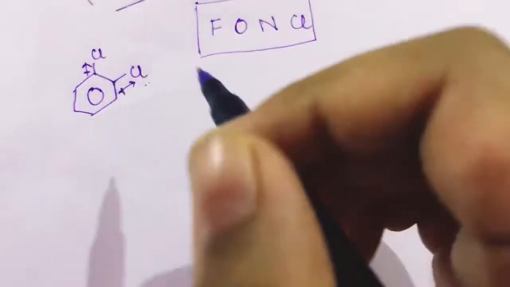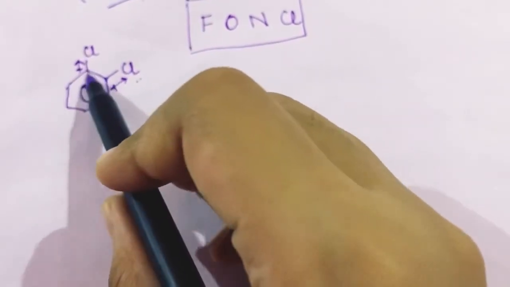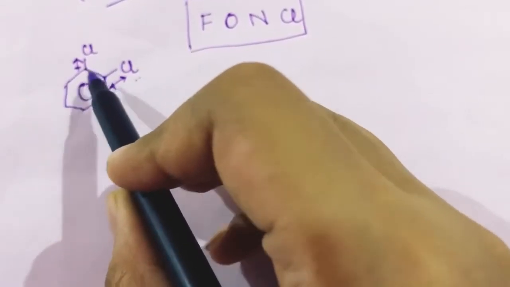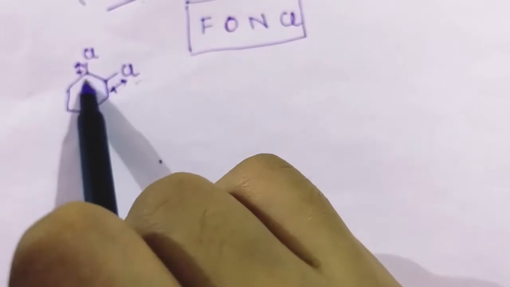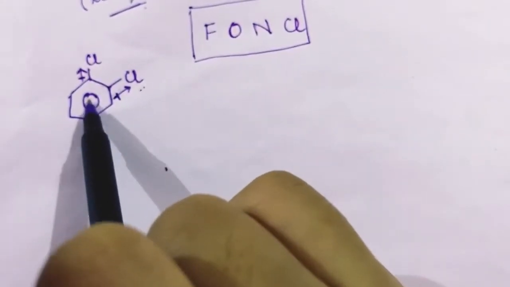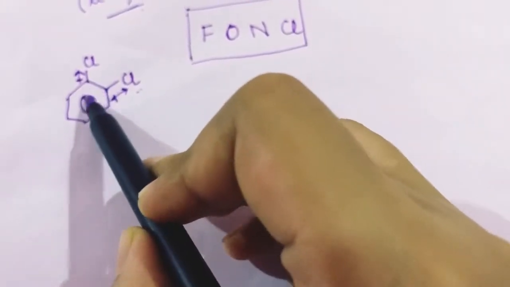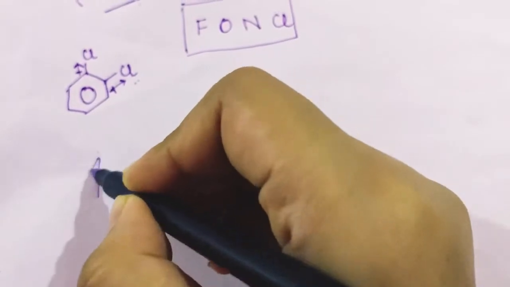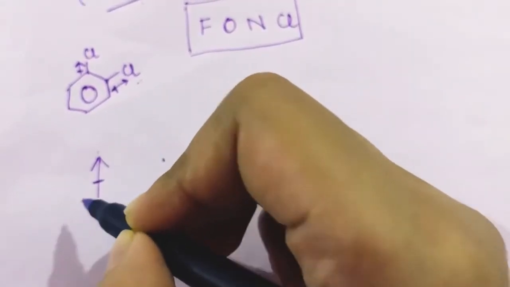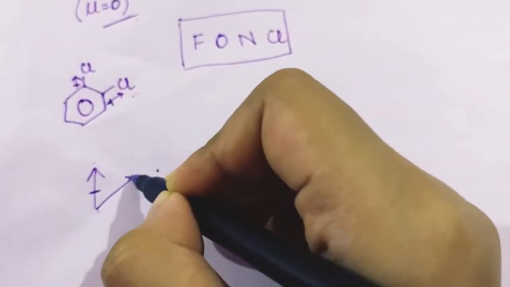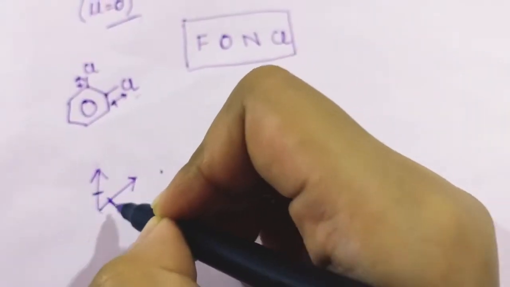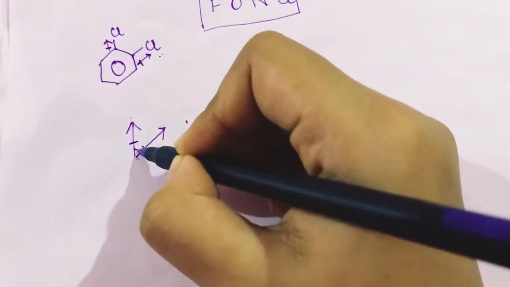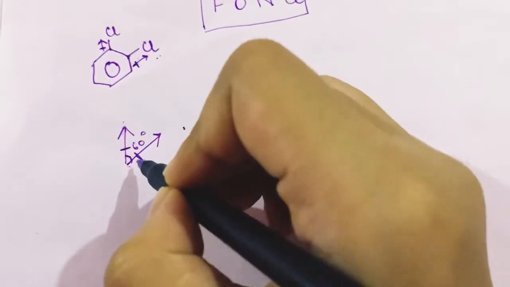This is because in a regular hexagon the angle made is equal to 60 degrees. Therefore the angle made by two vertices at the center is always 60 degrees. So here they make an angle of 60 degrees, and as a result we can show the first dipole moment as this one, the other one is this one, with an angle of 60 degrees in between.